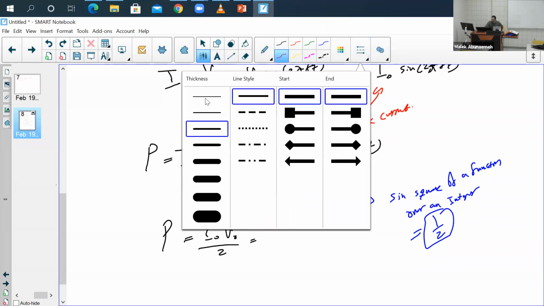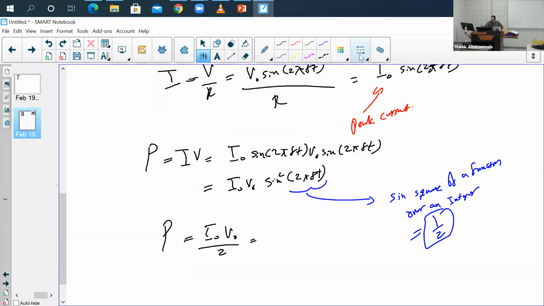Your I naught and your V naught, this 2 is actually what? Your square root of 2 multiplied by square root of 2. So really, what we have is I naught V naught over square root of 2 multiplied by square root of 2.